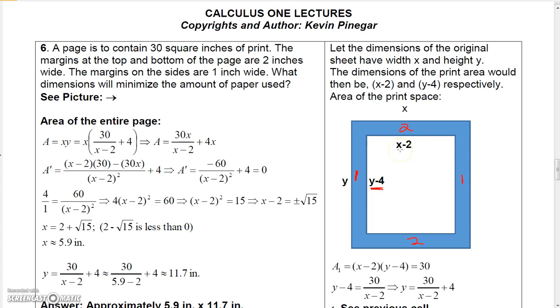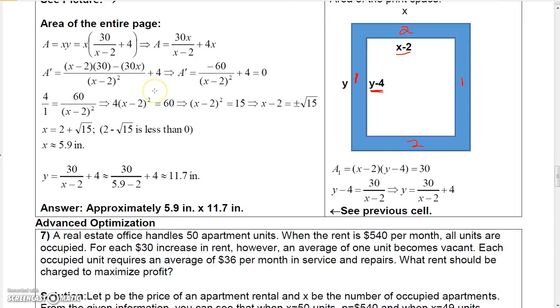And the width of that print area would be X minus 1 here and minus 1 here. So the dimensions of the print area would be X minus 2 and Y minus 4. Well, we're given that area must equal 30.